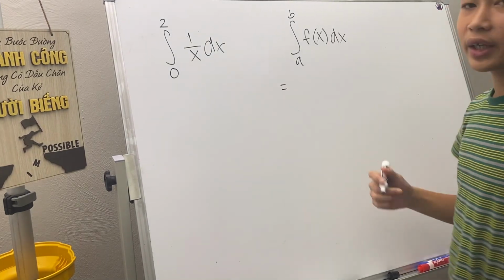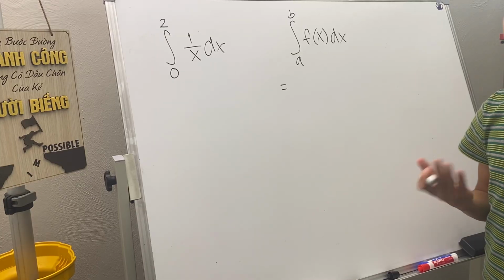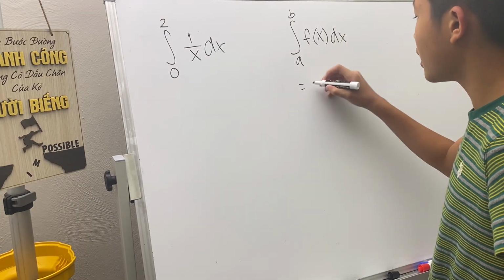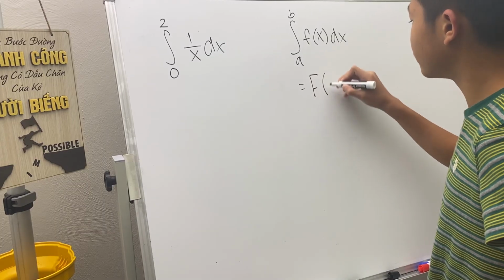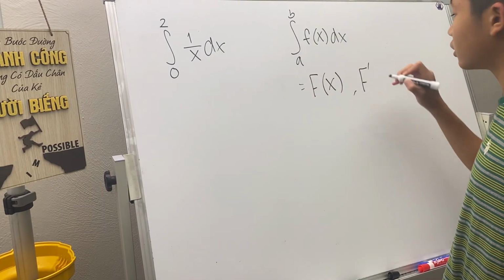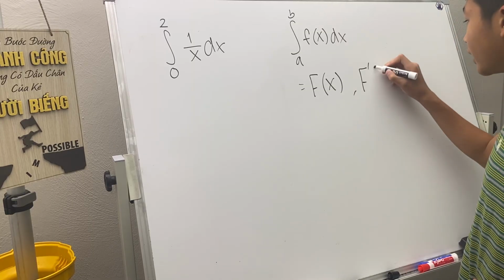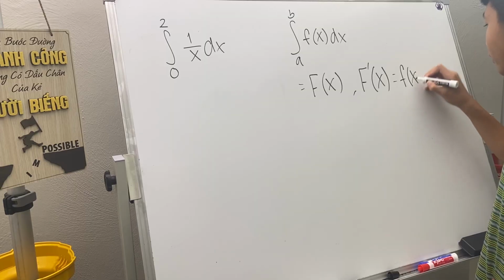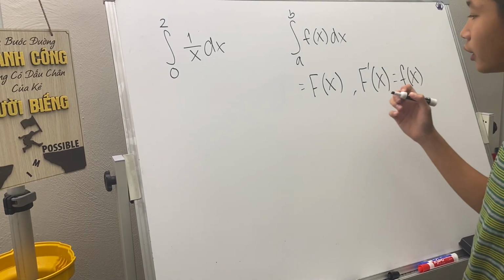First you gotta find the antiderivative, which is basically integrating. The antiderivative is gonna be capital F of x. So that means capital F of x prime is the original f of x, since you're taking the derivative.